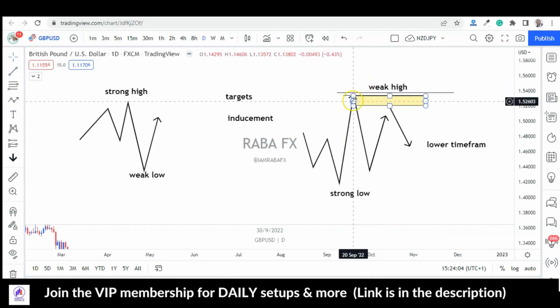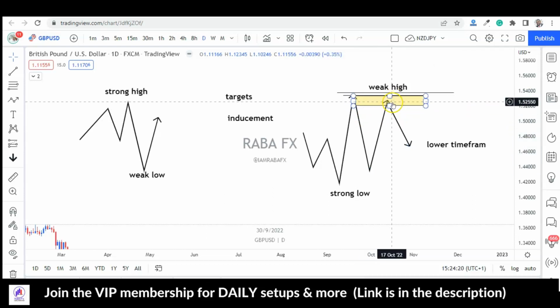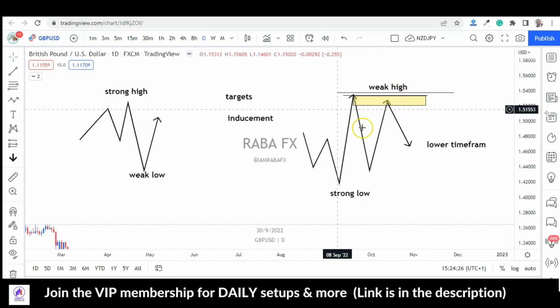Okay, because they do not understand that the particular point they are looking at on the higher time frame is a weak high, but instead they try to sell, and most times you get your confirmations, price will just move a little bit, and at the end it clears out this high, okay, and the inducement, even this as well.